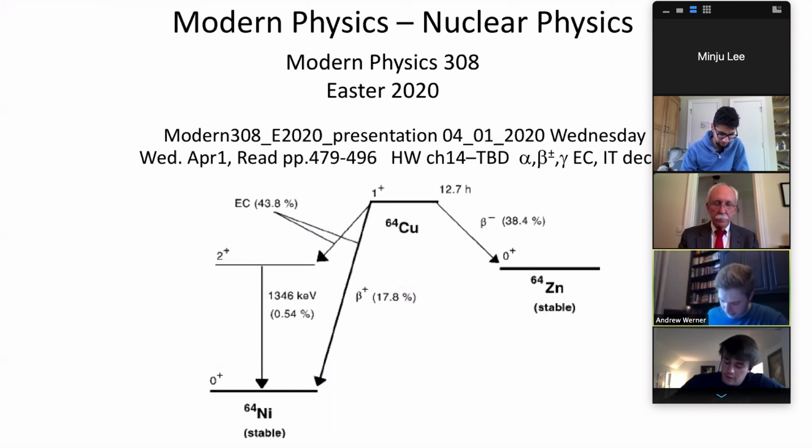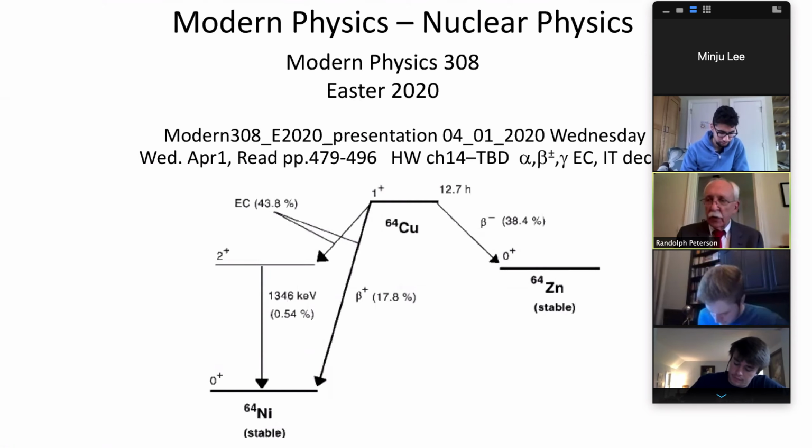Would the equation look like 0.38 is equal to half, or like its half-life? Is that how you would say it? Yeah, so it's log 2 divided by the half-life, but change the hours to seconds.